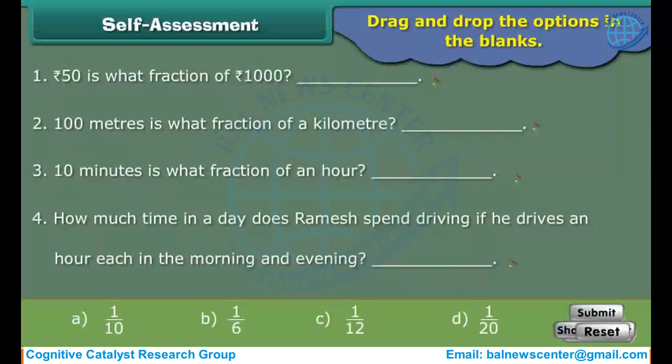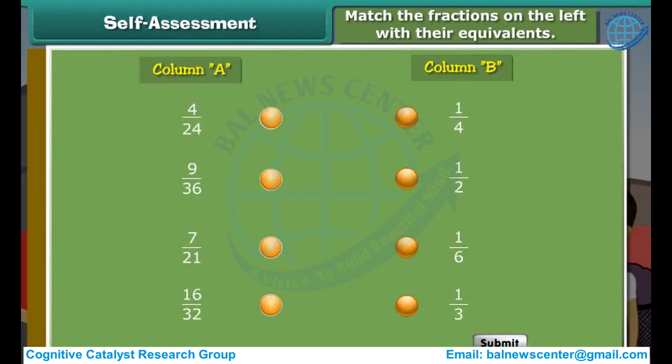Self-assessment. Drag and drop the options in the blanks. Match the fractions with their equivalents.